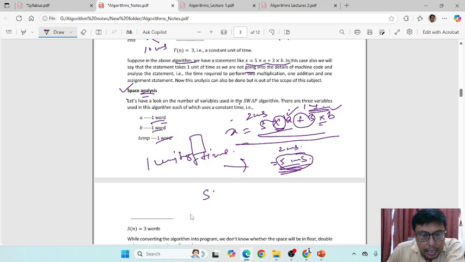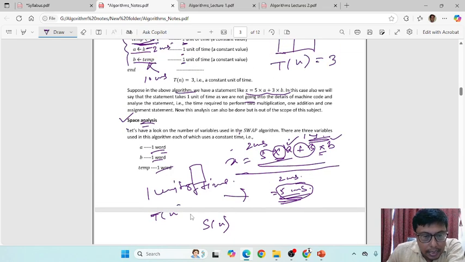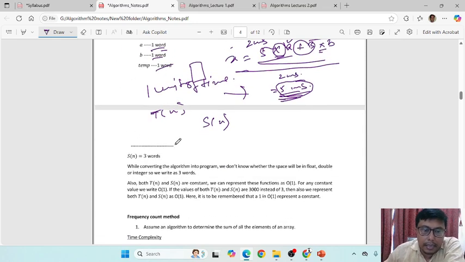So we generally represent the space function of our algorithm as Sn, where n is the input size of that algorithm, and the time function of the algorithm as Tn, where n is considered to be the input size of the algorithm.